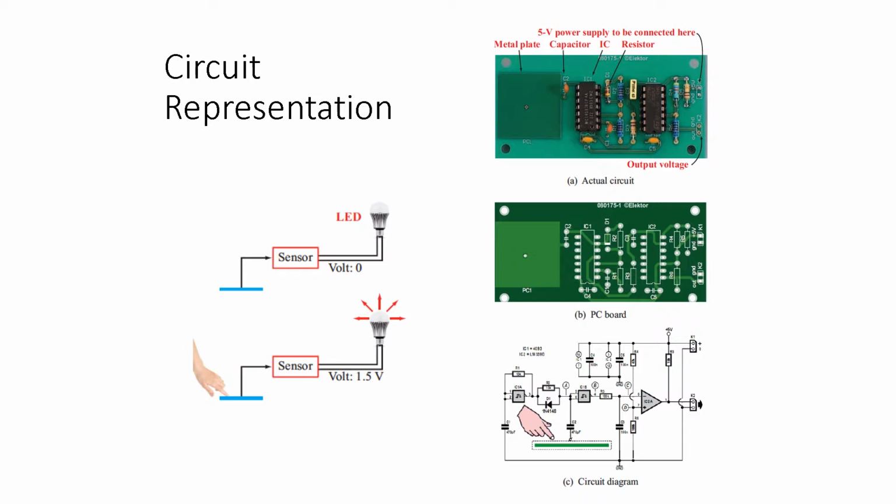For instance, this quick one shows some kind of pad with a sensor and an LED, and the bottom one shows that if I touch the pad, something happens to that sensor, and the voltage goes from 0 to 1.5 volts, and that turns on the LED. So we've used pictures to describe some kind of electrical concept here. However, these pictures are not very detailed.